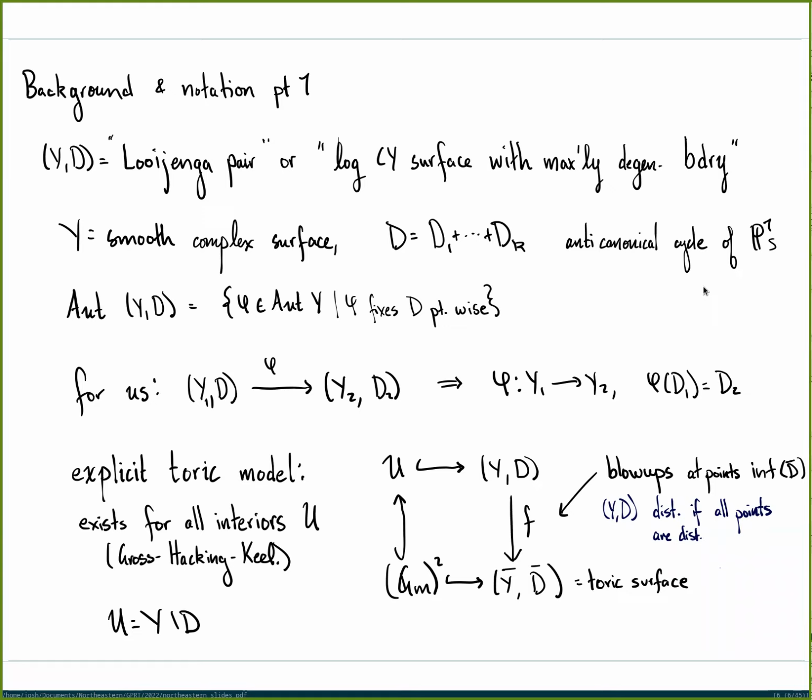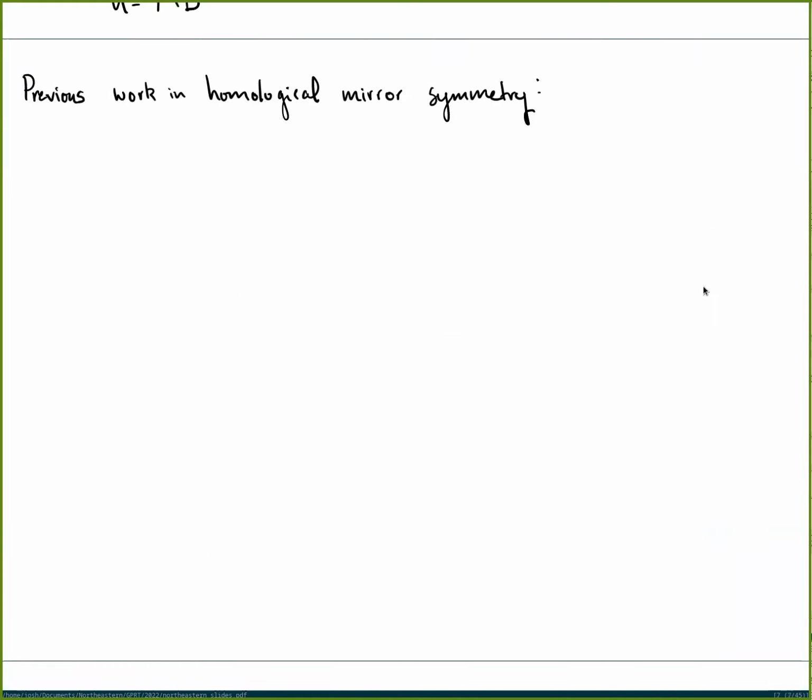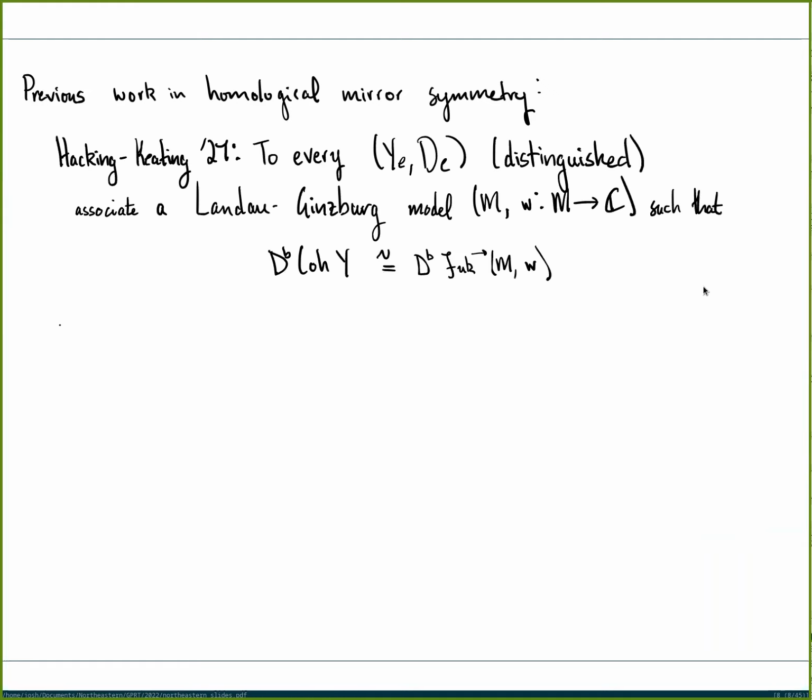Now the background on mirror symmetry. I know no one here is really a mirror symmetrist, so let me just go through this quickly. In 2021, Paul Hacking and Ailsa Keating proved homological mirror symmetry for these objects.